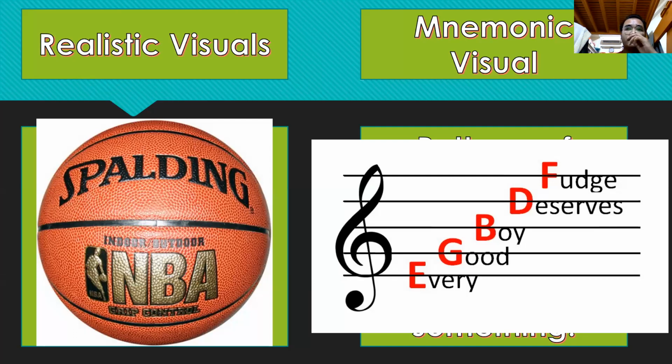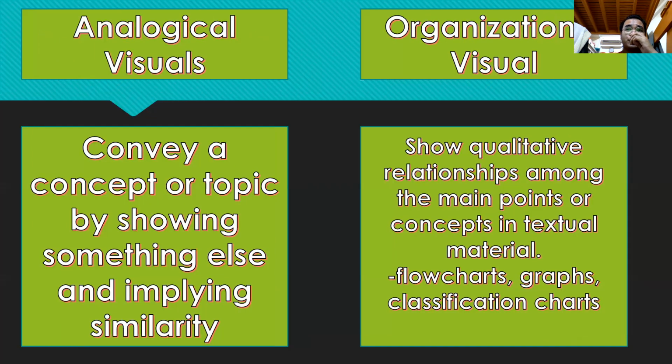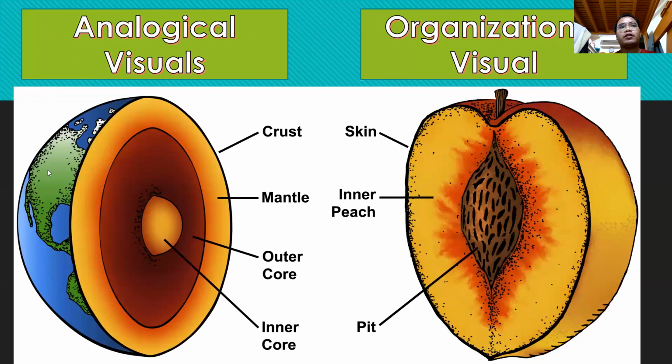Now, what are analogical visuals naman? Analogical visuals put two ideas or materials side by side so that there is a point of comparison between the two. Halimbawa, ito, di ba? This is comparing the Earth's surface to a pear, okay? Yung ano ba ang pear? Peras, okay? So the crust is analogous to the skin.